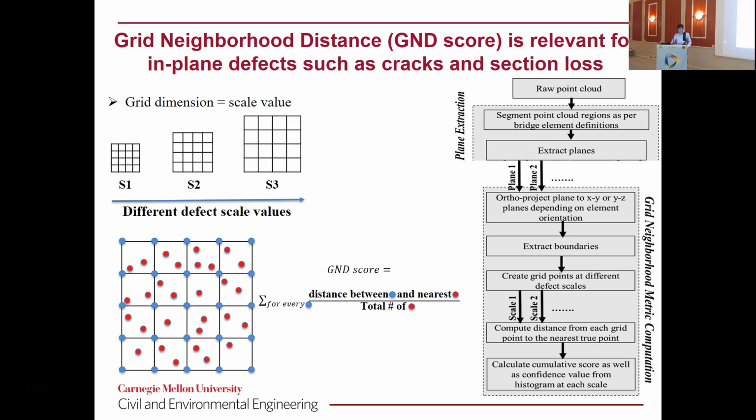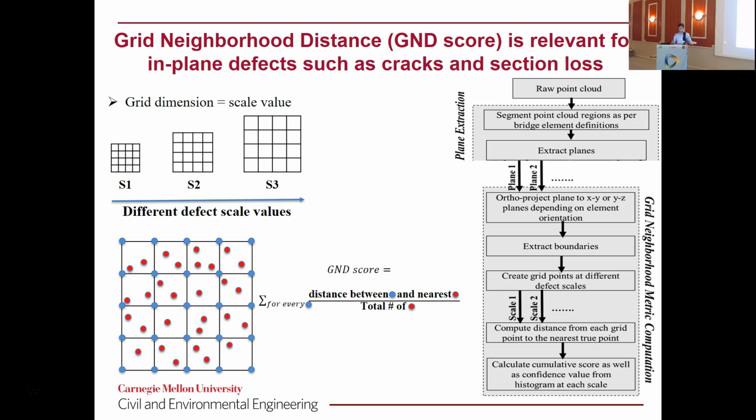All right. Now let's talk about the grid neighbor distance metric. As I mentioned, this is very useful for in-plane defects such as cracks and section loss. In this method, we create grids with spacings based on the different metric sizes. And then onto these grids, we superimpose the 3D point planes that we extracted in an earlier step.